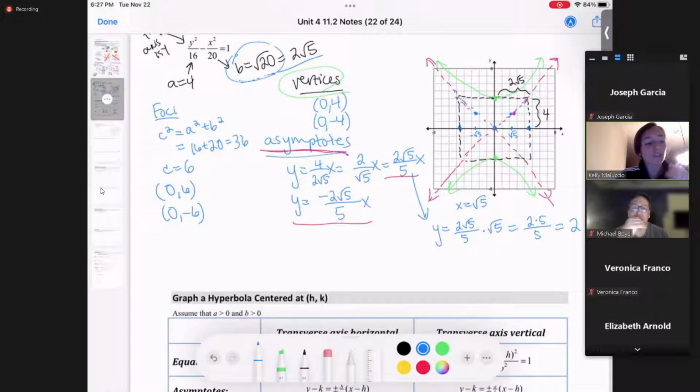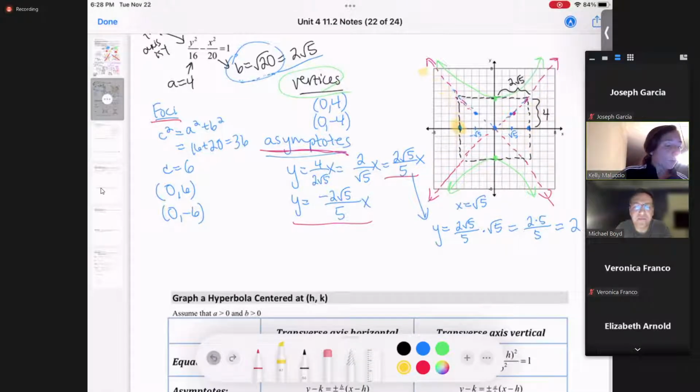I would say as long as your vertices are right, and I didn't even graph the foci, and your box, and you're in the right direction, right? Because if your vertices are right, you're going to have a graph in the right area. If your graph ended up with a point here, that's totally not right, because that's assuming the wrong transverse axis, right?